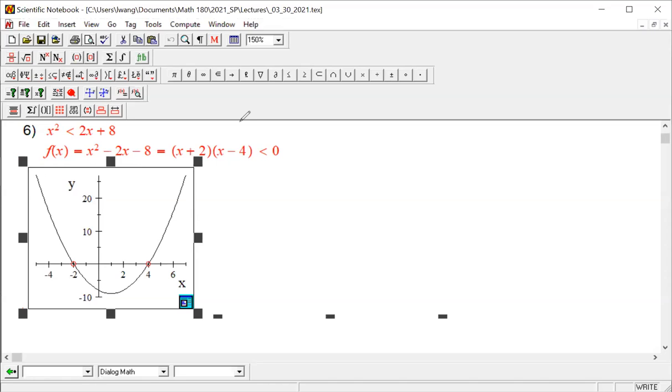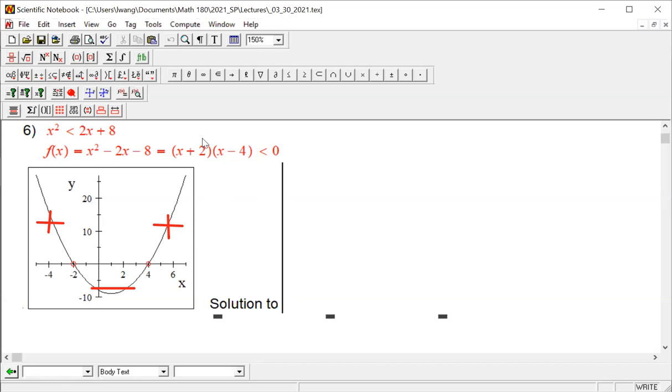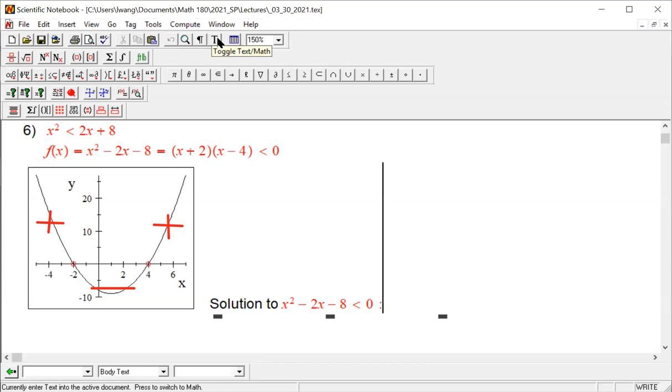And we understand this piece is positive, right? This piece is negative. So what is the solution? So solution to what? To that inequality is what? It's still negative 2 less than x less than 4. You follow me?